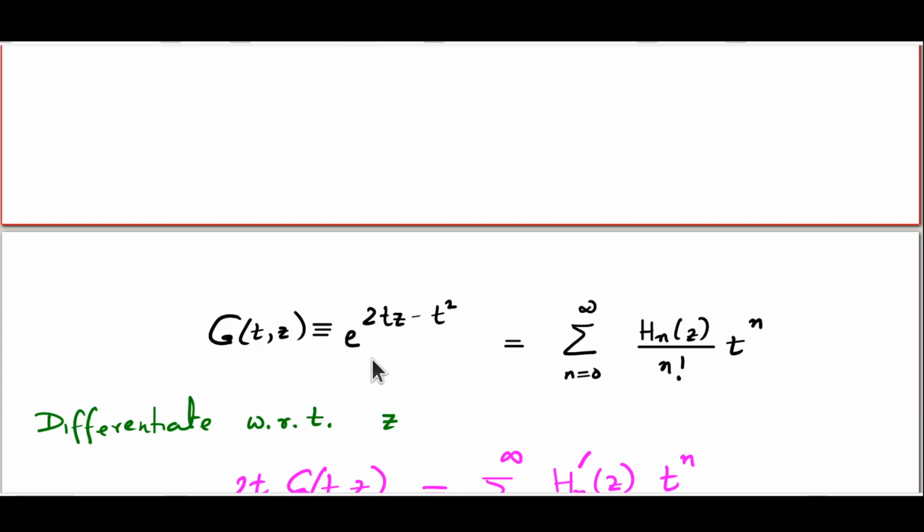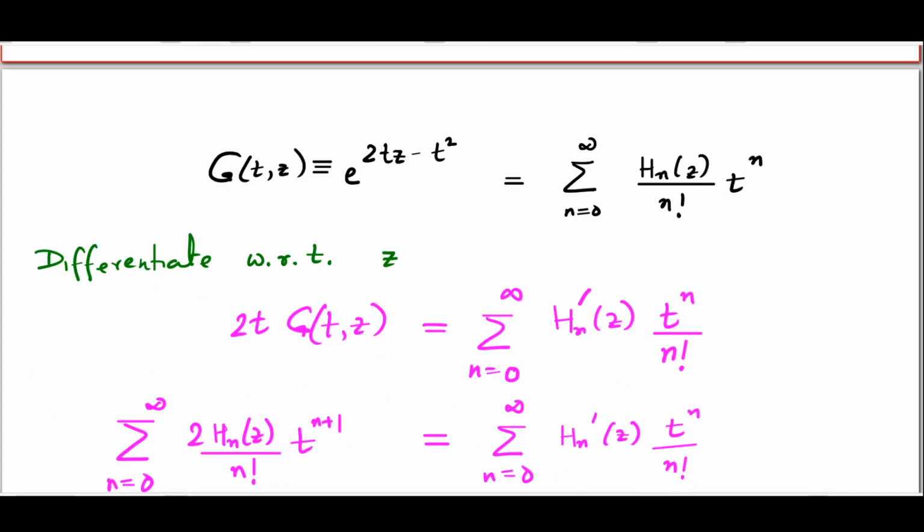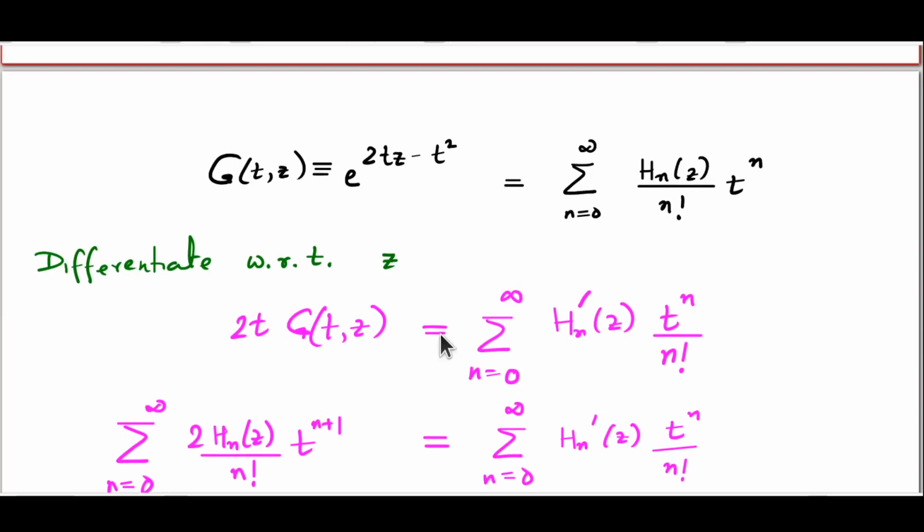All that's going to happen is 2t is going to come down, and you're going to get the exponential, which is g(t,z), times 2t on the left. On the right, of course, there's a partial derivative with respect to z that we are carrying out here. So the partial derivative will only act on Hn(z). So you will end up with Hn prime of z. T to the n by n factorial will stay as it is.